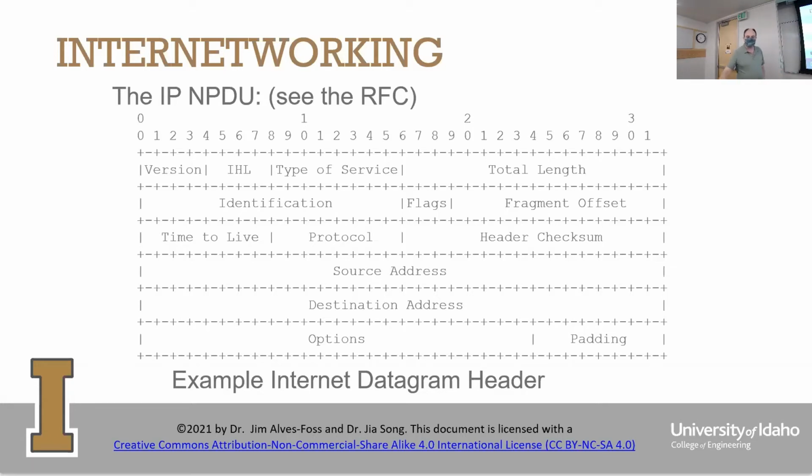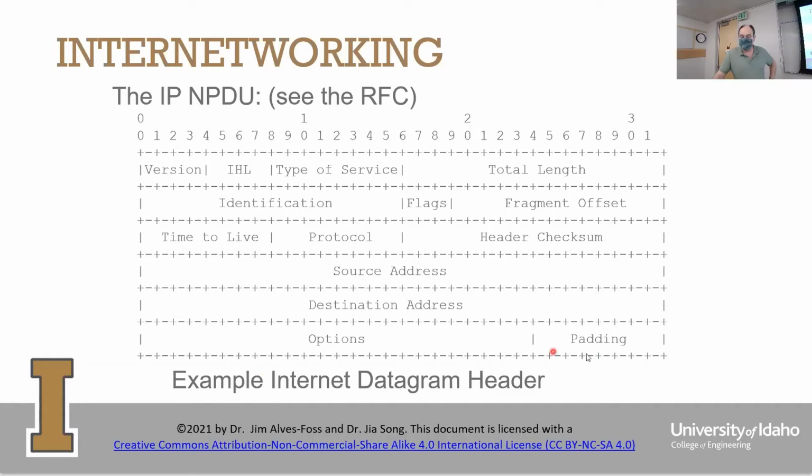IHL, the next section, is the internet header length. Internet header length says how many octets, bytes, 8-bit things, are in this header. Now, we need that because the very last part of the header down here is options. And if you have options, you can have many options. And so the header length allows us to expand those options.